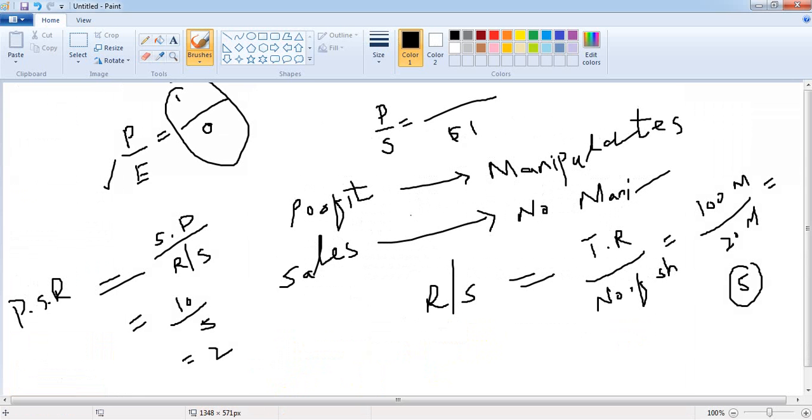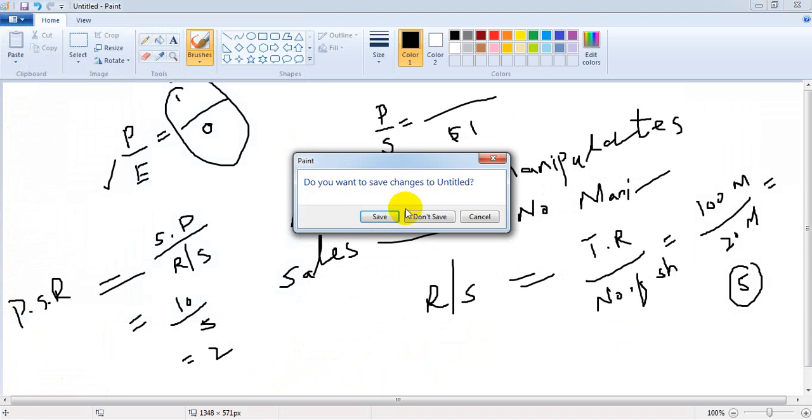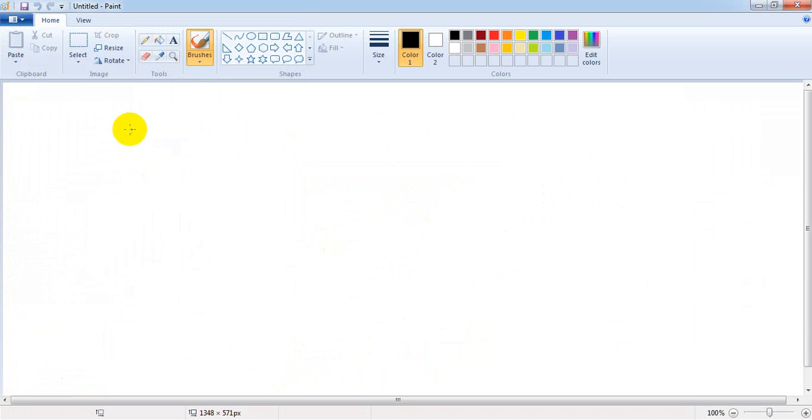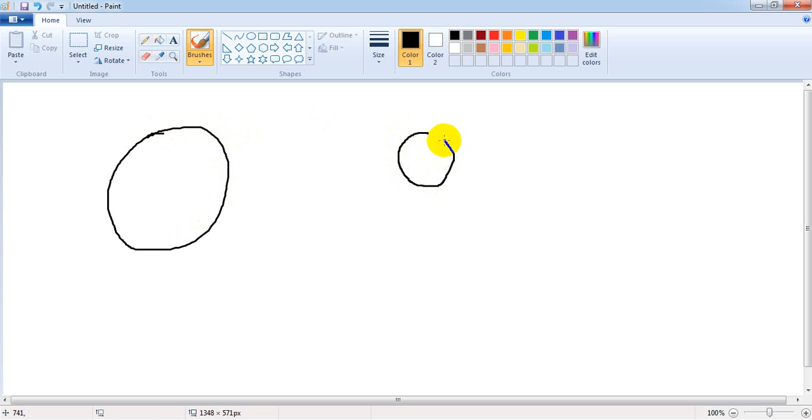What does it mean? Suppose this is our company. This is a bank. We took a loan from a bank, a loan of 10 million. On 10 million, we are paying 8% interest.